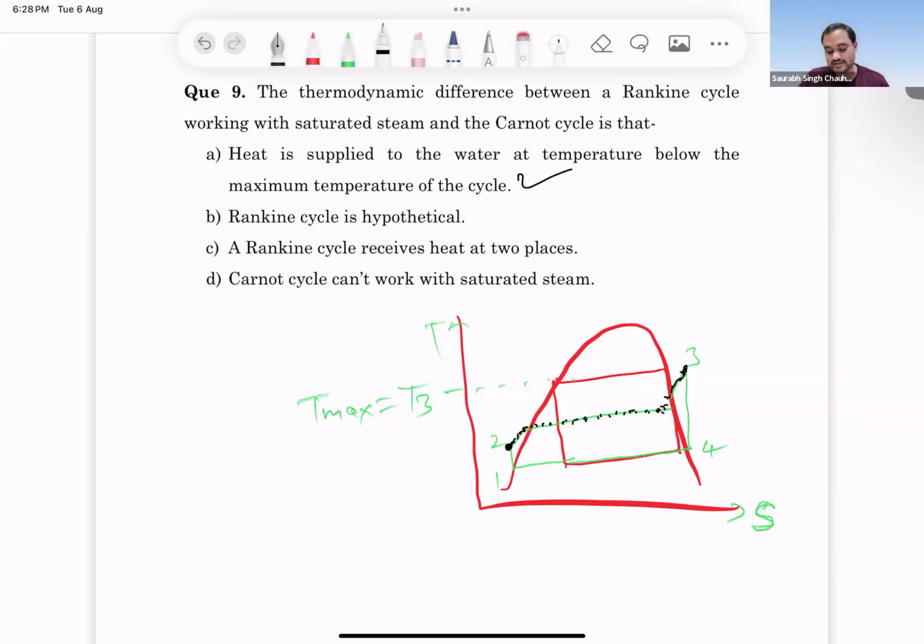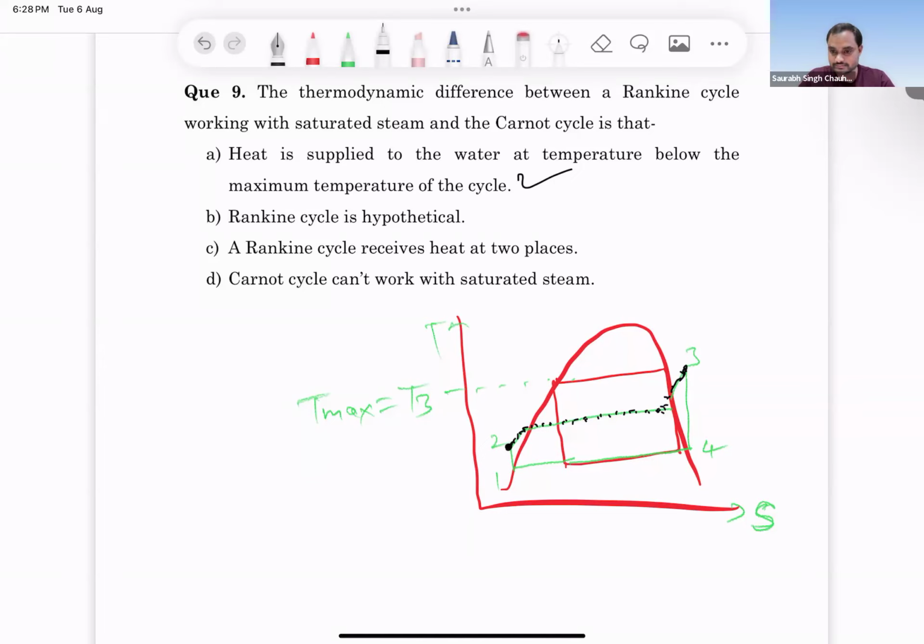But with Carnot cycle, it is very difficult to make the devices which can handle these two-phase flows, and there are some other applicability challenges. So option A should be the correct option.